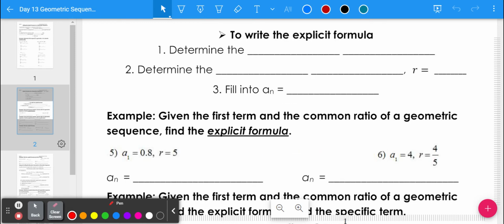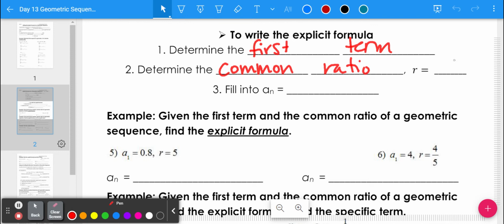In order to write an explicit formula, these are the rules that we'll follow. First, we want to determine what the first term is going to be. So we just look at our list, or look at what's given, and we can determine the first term. Then we'll want to determine the common ratio. So what did I multiply by every time? Again, it'll be denoted by R equals.